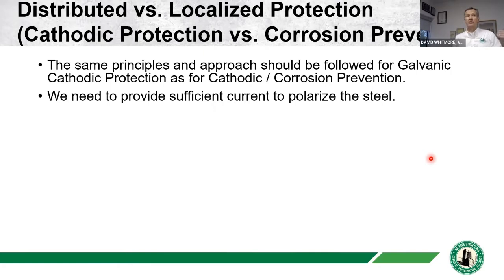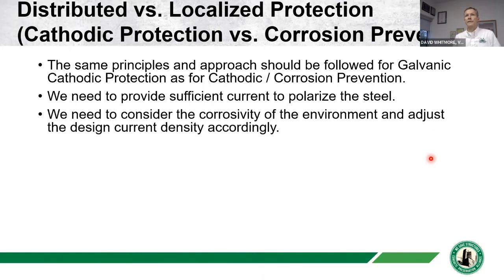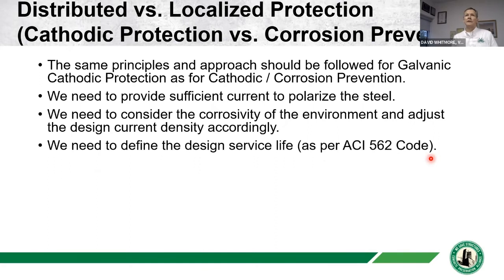We're going to need to provide sufficient current to polarize the steel, which is usually significantly higher than the design current you'd use for cathodic prevention. Similar to the examples I showed you, we need to consider the corrosivity of the environment and adjust the design current density accordingly. We need to define the design service life, which again is consistent with ACI 562.